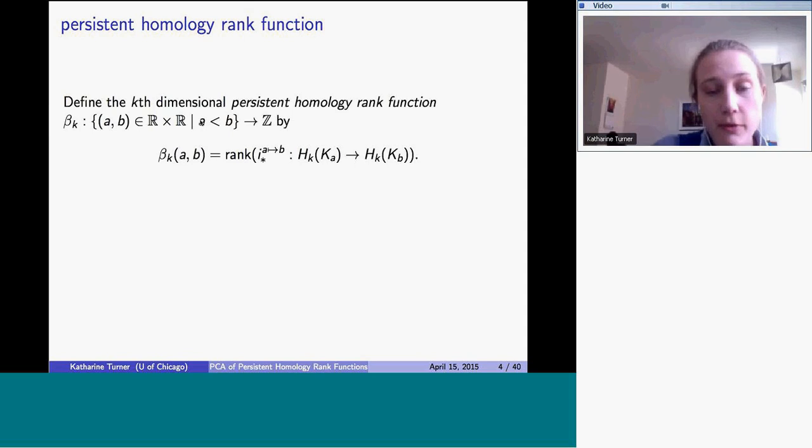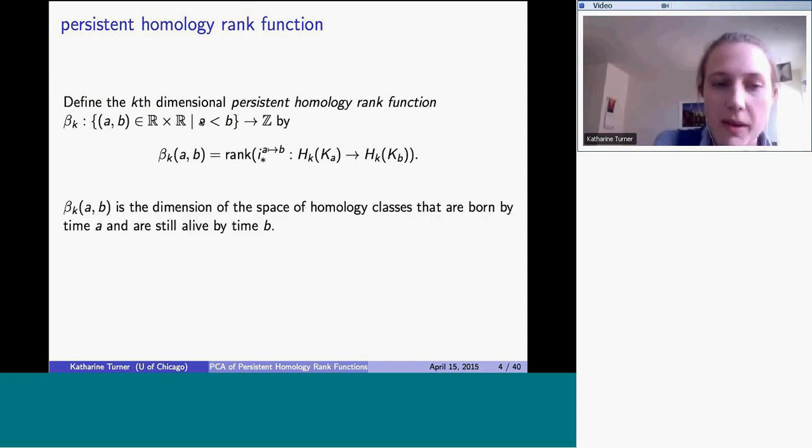The idea is that for every point above the diagonal in the plane, you can think about what the rank would be of this induced map on homology. It's very related to persistence diagrams. You can think of it as the number of points in a corresponding region of the plane.